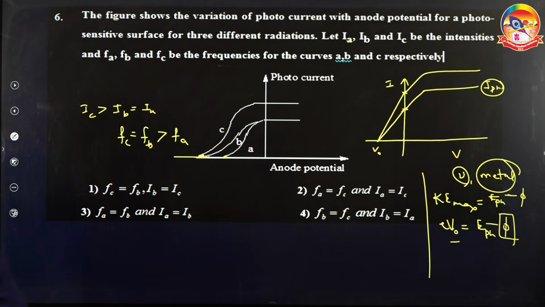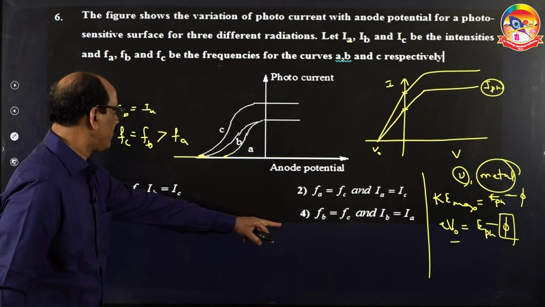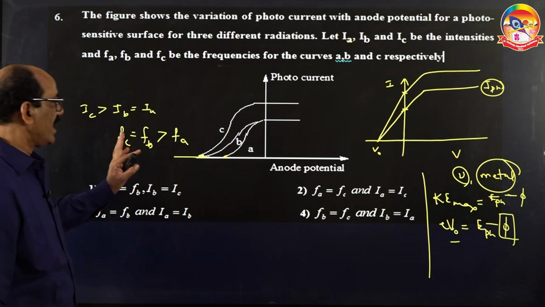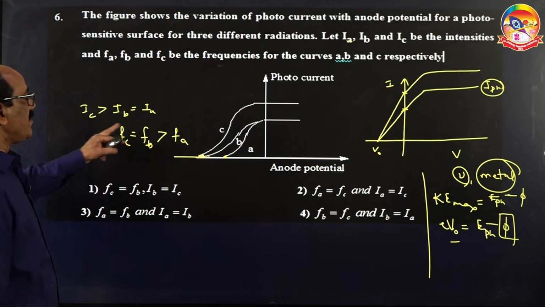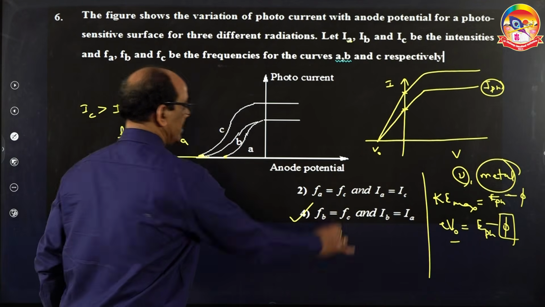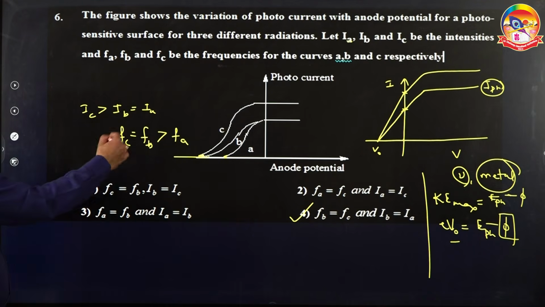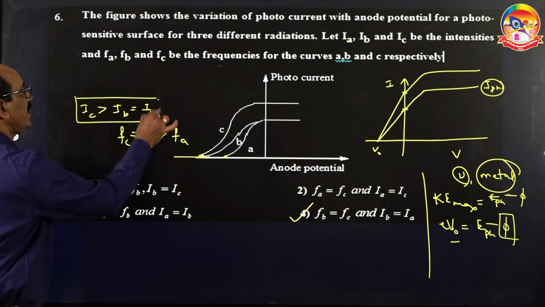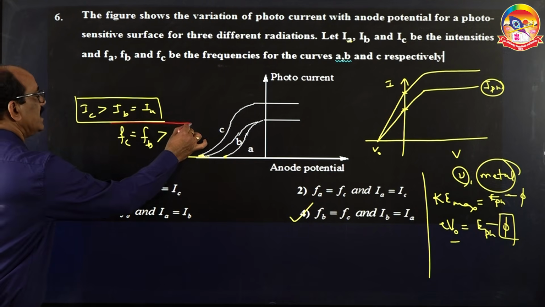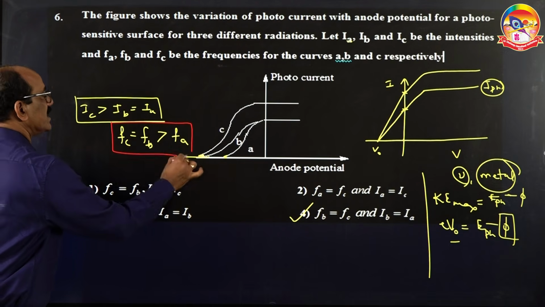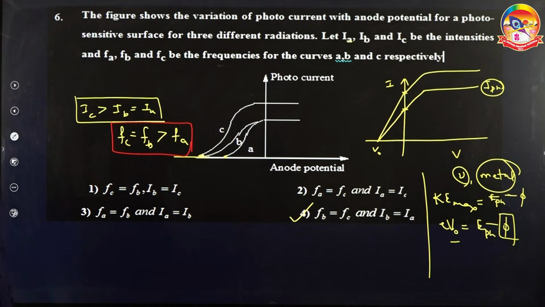So this relation we have to look at. So Fc is equal to Fb is greater than Fa, one relation we got, okay. And also Ib is equal to Ia, so the only relation is this. But actually if we compare with the others also, we can arrive at this relation, Ic is greater than Ib, and also we can say Fc is equal to Fb, which is greater than Fa, okay.